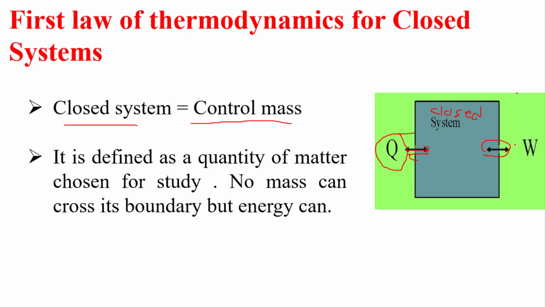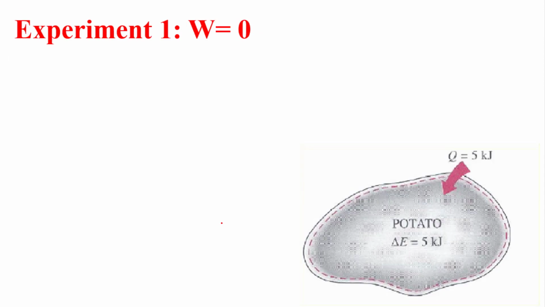Q can be gained, the system gains heat or loses heat. Gain heat positive, lose heat negative, or work can be done by the system, positive, or work done on the system, negative. Remember the sign convention. It's defined as a quantity of matter chosen for study. No mass can cross its boundary, but energy can.